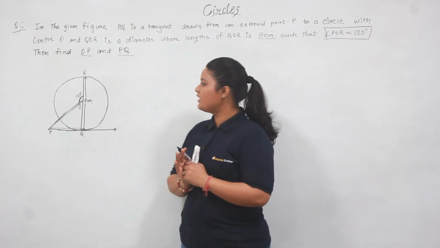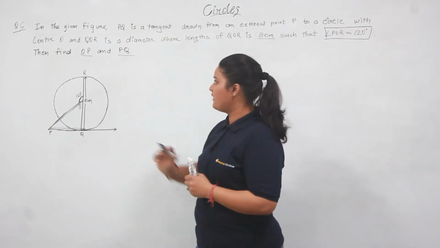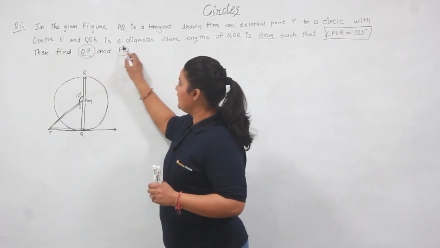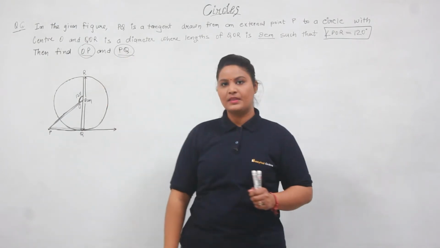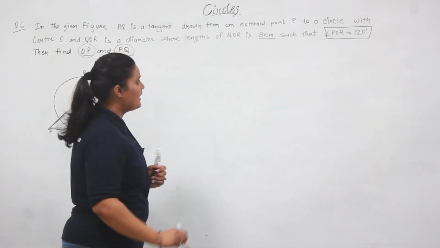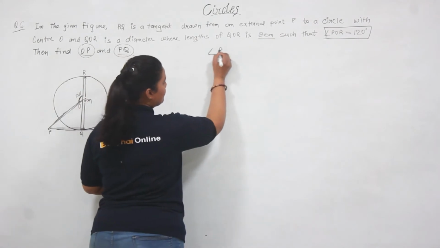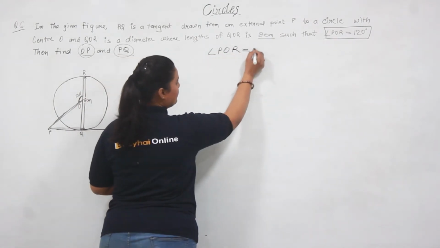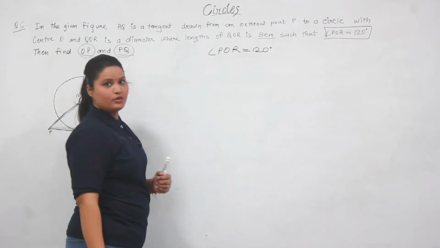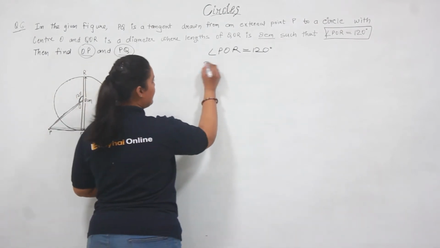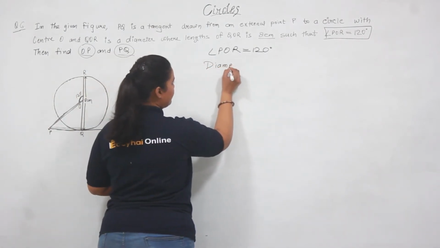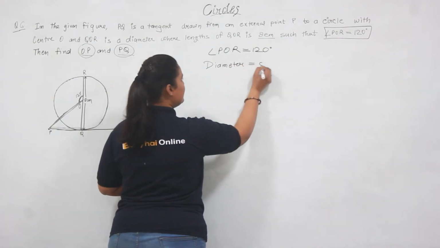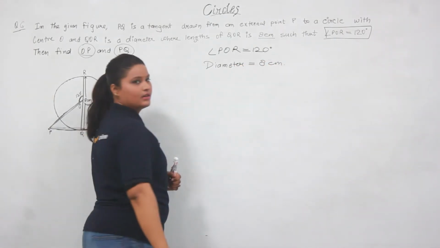What we have to find out in the question? We have to find out length of OP and length of PQ. Second, what is given? That angle POR is given 120 degree. And one more thing is given, that the diameter of the circle is given 8 centimeter. Clear?